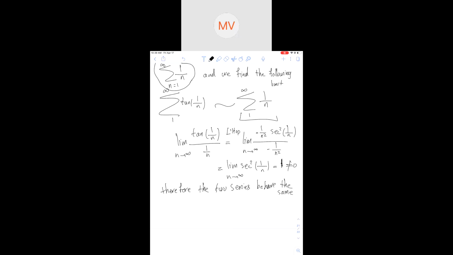But that guy, the sum of 1 over n, diverges, because it's a p-series with p equal to 1, right? So the summation of tan of 1 over n from 1 to infinity diverges.